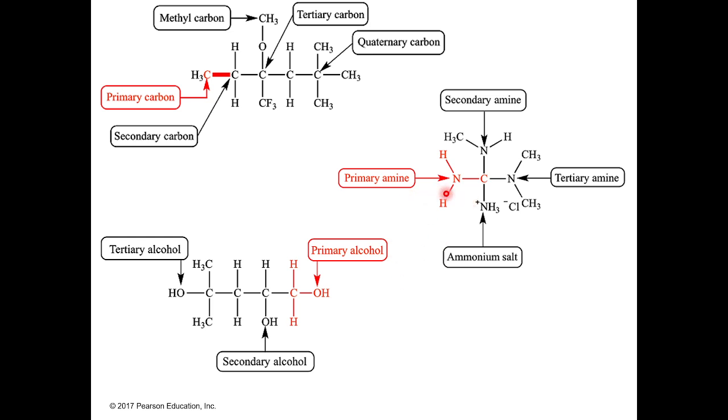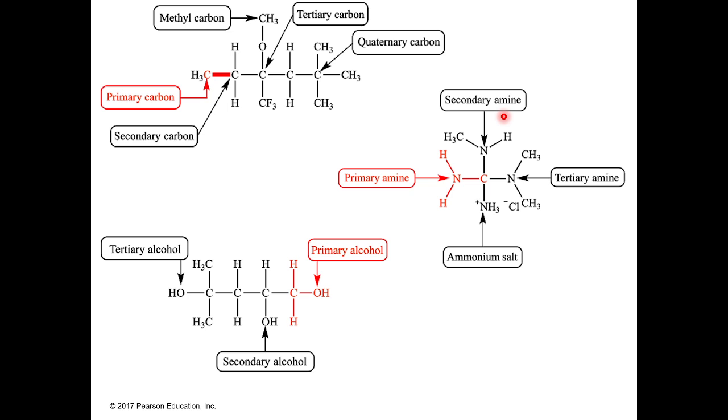Okay, amines are actually similar to the carbons because amines can have more than 1 carbon attached, right? So we have here a primary amine. That means the amine, the nitrogen, has 2 hydrogens, 1 carbon, right? Primary, 1. Here we have a secondary amine because how many carbons are attached to it? 2.